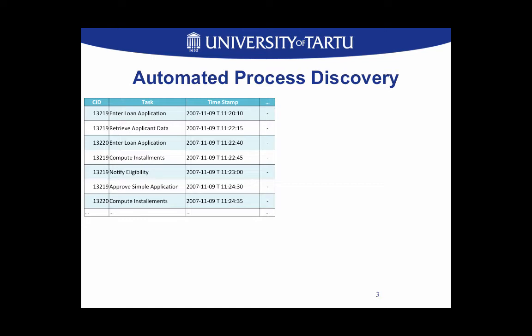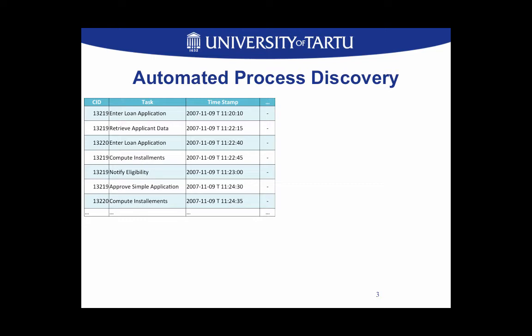So if this is an order management process, that will be the purchase order identifier, so that I can relate every event to one execution of the process. That is important, and I can group my event log into traces. Each one tells me the entire behavior of an instance of the process from start to end.